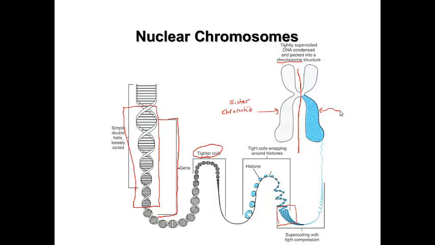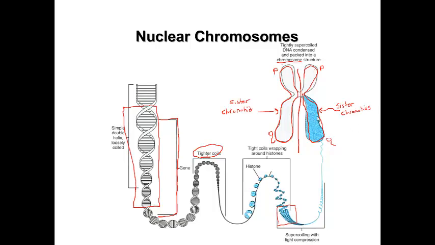And then this one over here, including both of its arms, so to say, its P arm and its Q arm, are all on themselves individual sister chromatids.